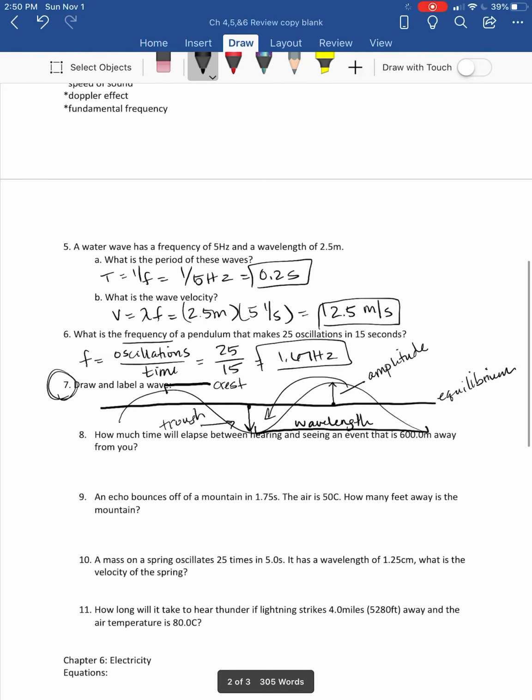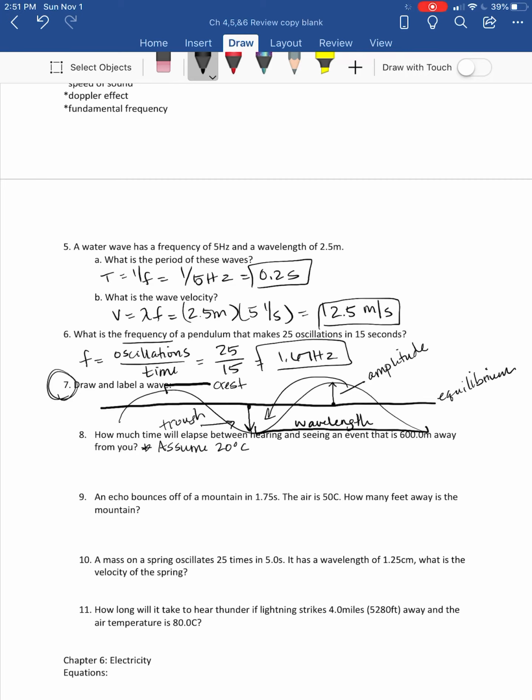All right, number 8 says, how much time will elapse between hearing and seeing an event that is 600 meters away from you? We are going to assume that the temperature is 20 degrees Celsius.